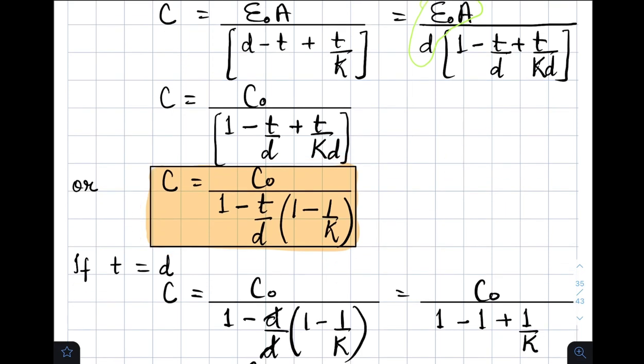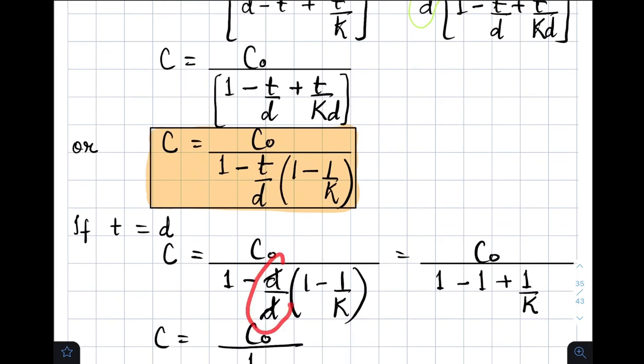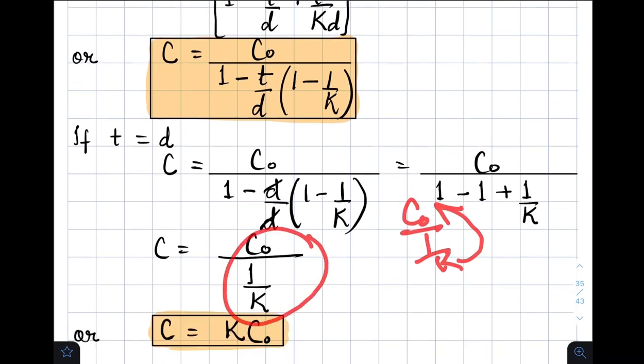Then T is equal to D, thickness equals distance between the plates, and C equals C naught upon 1 minus D by D into 1 minus 1 by K. D upon D is 1, so we get 1 minus 1 plus 1 by K. If I open this bracket, minus into minus gives plus 1 by K. 1 minus 1 is 0, and we get C naught upon 1 upon K. This K goes up, so C is equal to K into C naught.